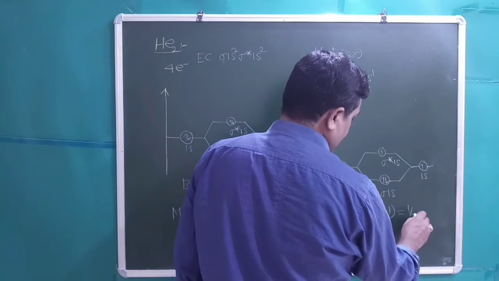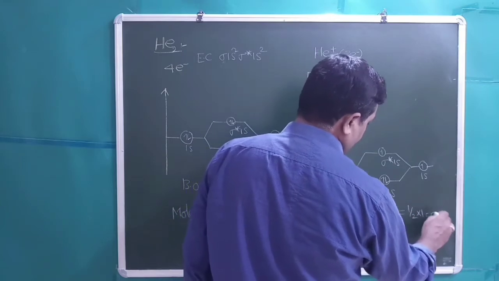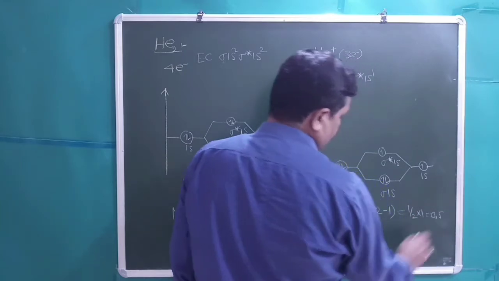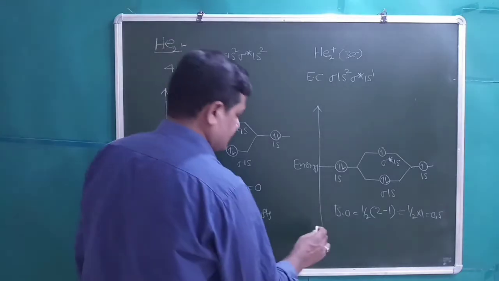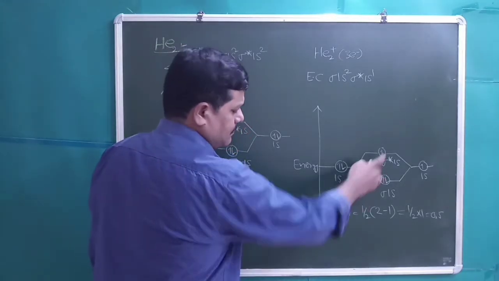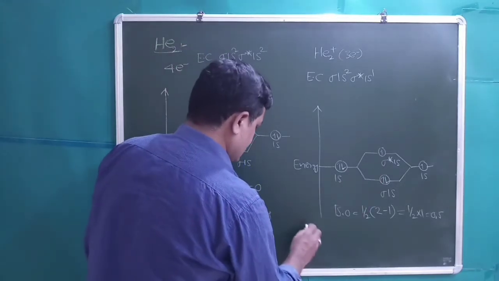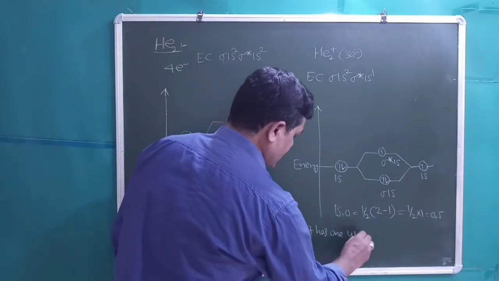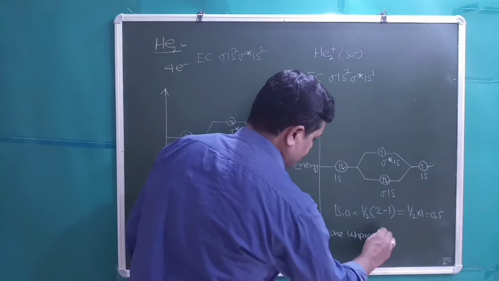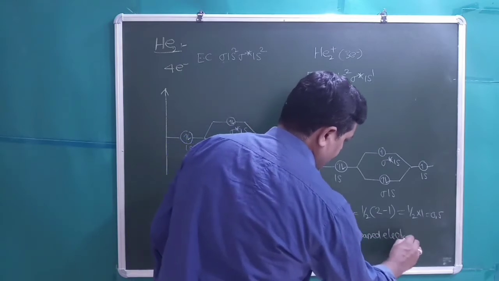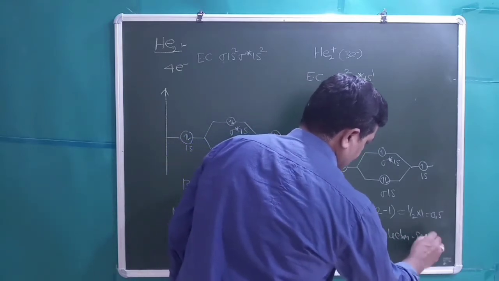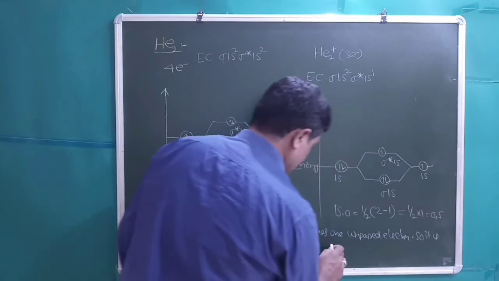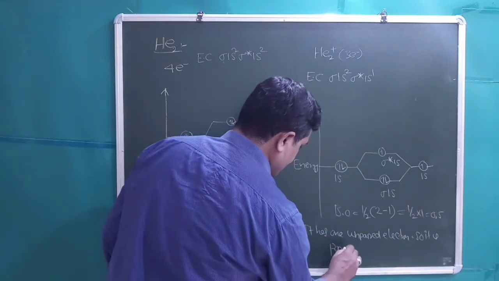So 1 by 2 into 1, which is equal to 0.5. So molecule will exist and it has 1 unpaired electron. So it is paramagnetic.